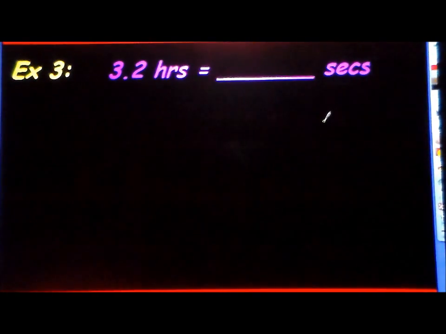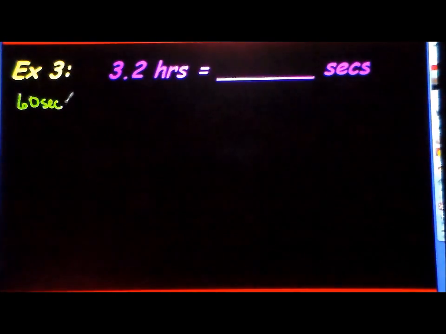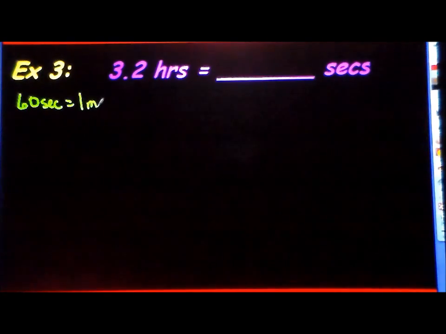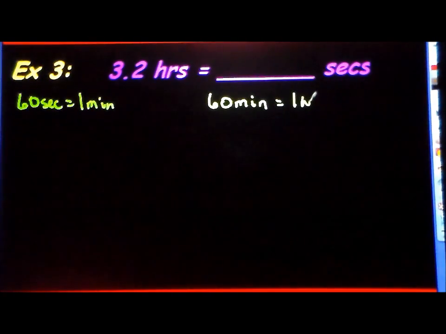Now, another example dealing with units of time, except it's not minutes and seconds, it's hours and seconds. So, let's see. What we know from the last examples were that 60 seconds is 1 minute. But that doesn't get us to hours. So then we've got to use the fact that we know 60 minutes is equal to 1 hour.